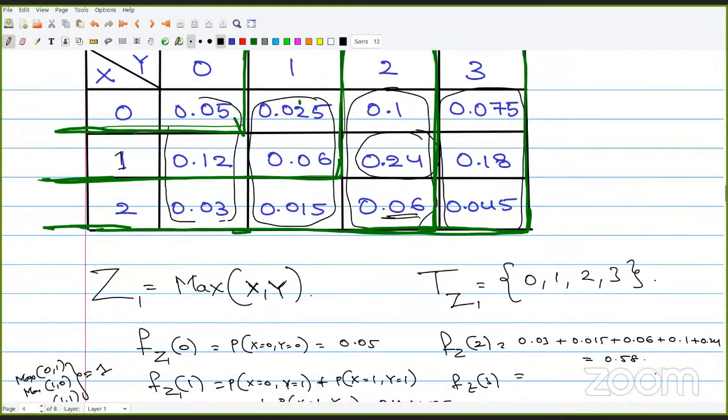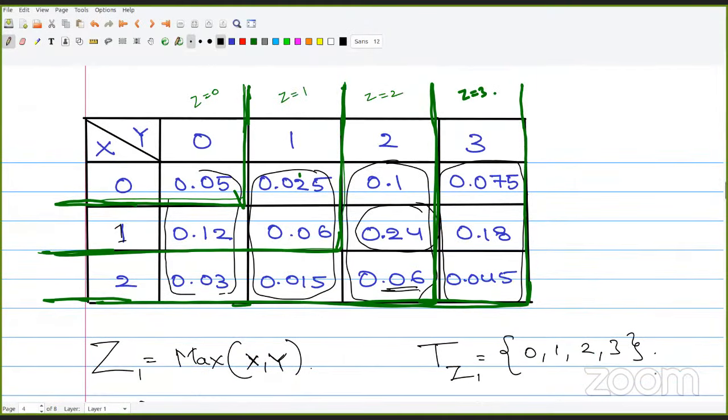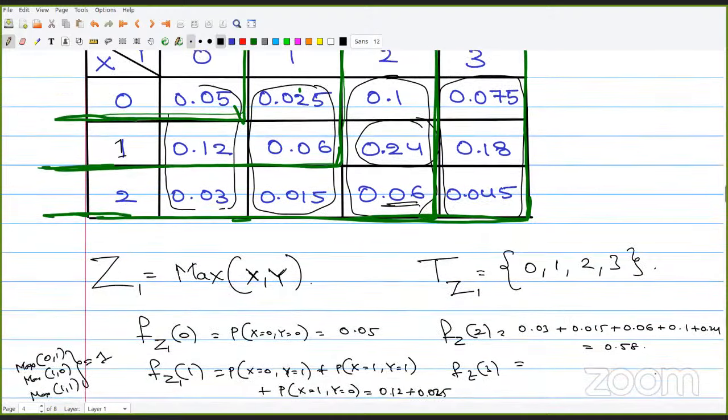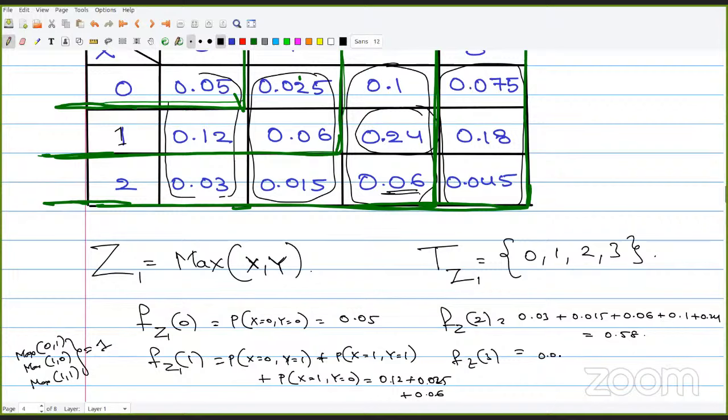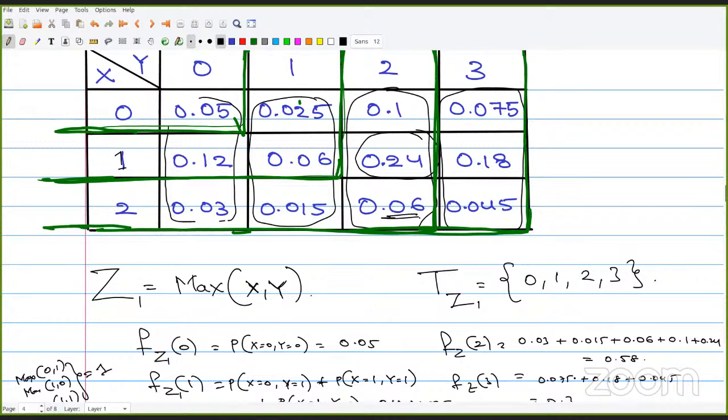Okay. Similarly, the last one, Z max taking value 3, is when Y takes 3 and X takes any other value. So 0, 3, 1, 3, 2, 3. So 3 possible cases. You just have to add 0.075 plus 0.18 plus 0.045, which will be 0.3. So here also the summation will be 1, right?